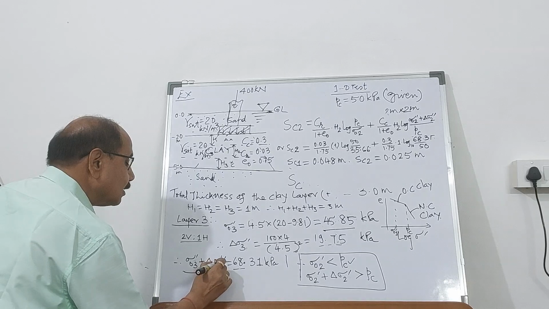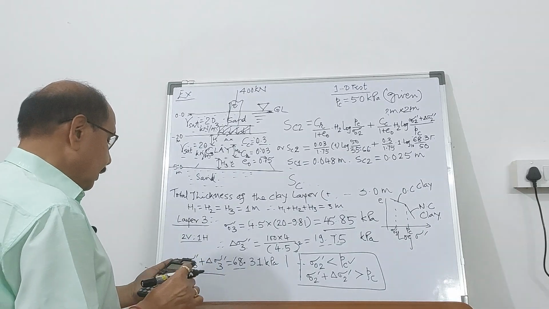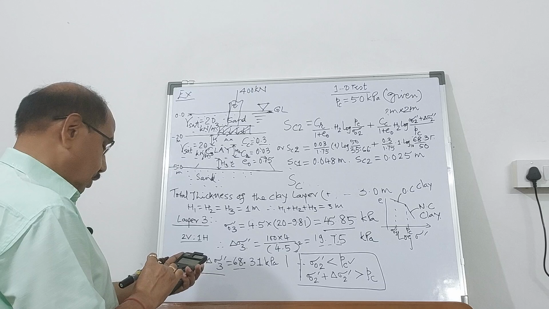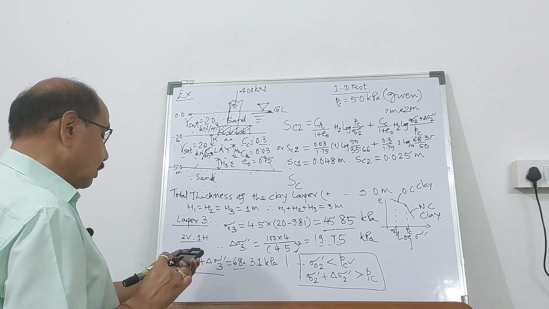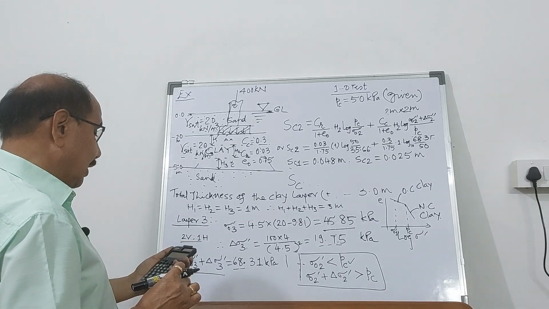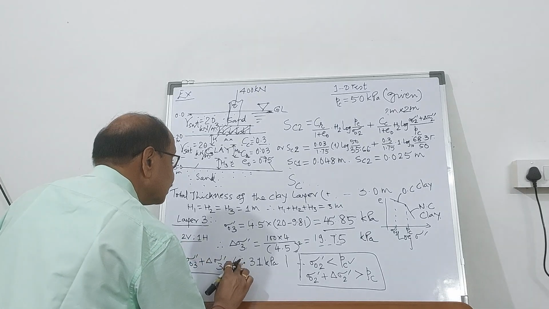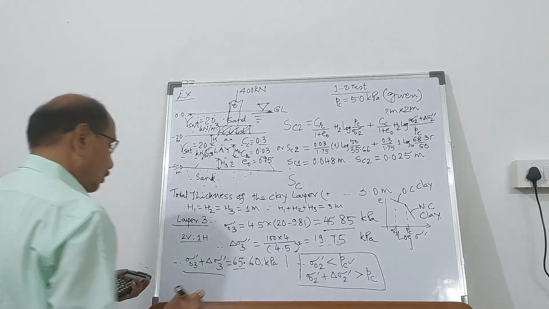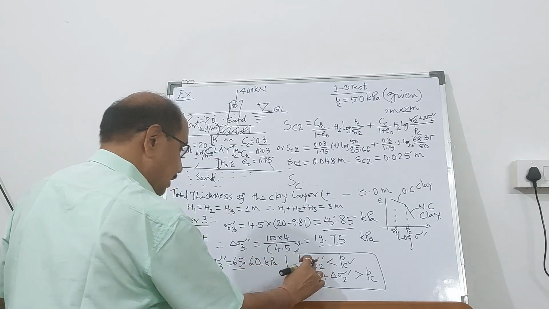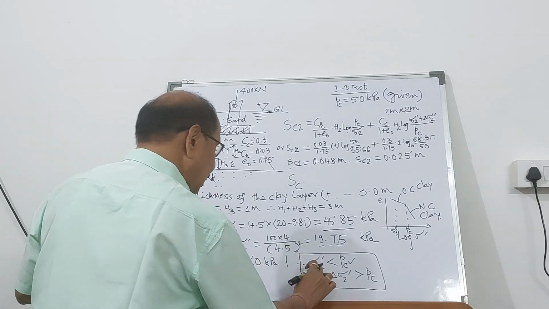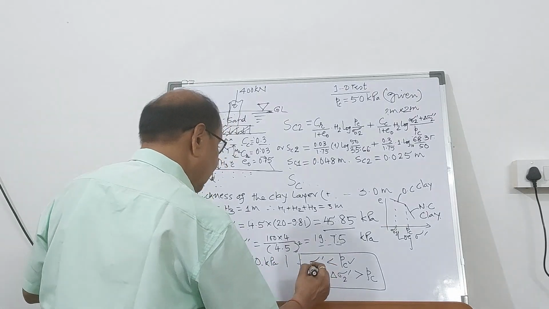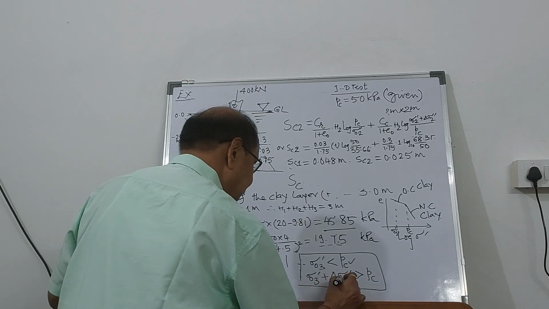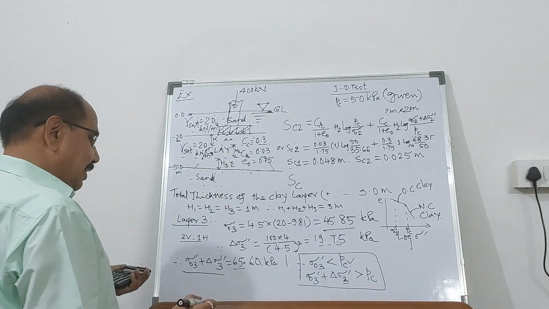Now, therefore, the sum will be 65.60. This again satisfies the condition that sigma naught 3 is less than PC and sigma naught 3 plus delta sigma 3 is greater than PC.